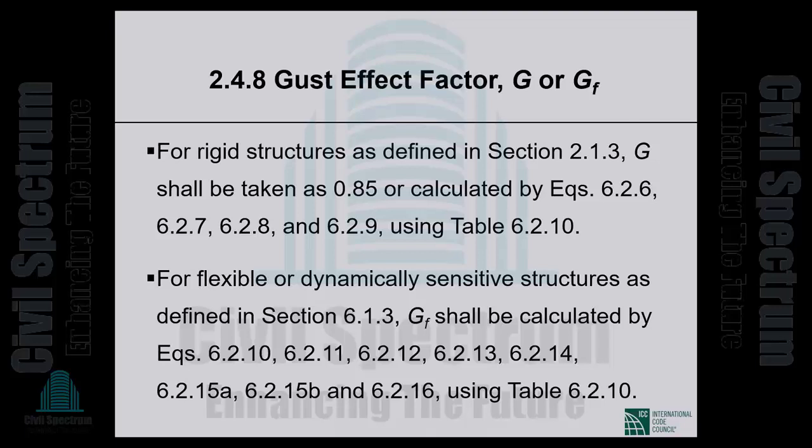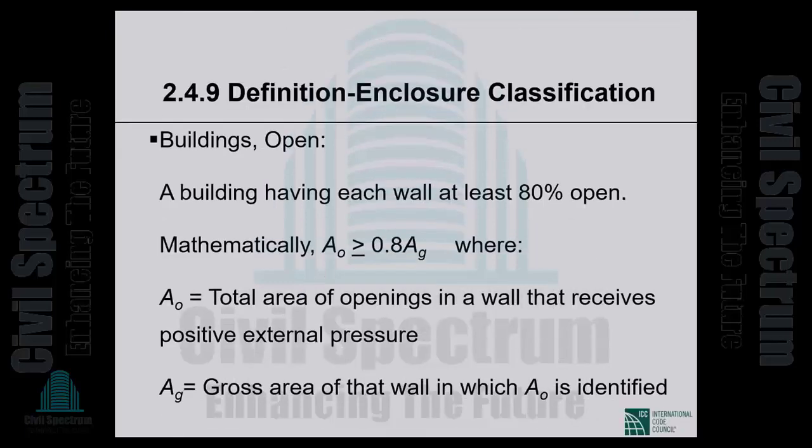Then you need to do sophisticated dynamic analysis, which no one knows how to do, or you have to go to wind tunnel testing. Okay, so anyway, the calculation of the gust effect factor for flexible buildings is a project in itself, unless you have spreadsheets and so forth set up in your design office.